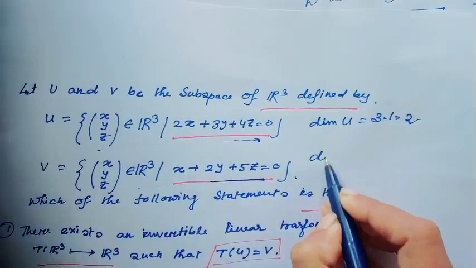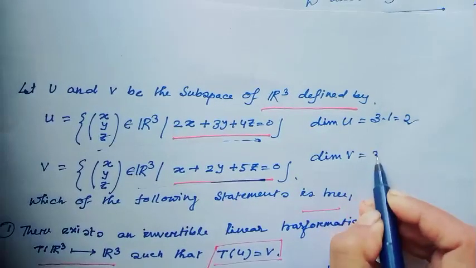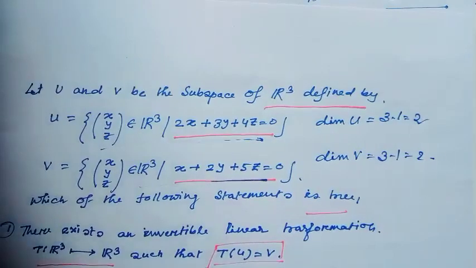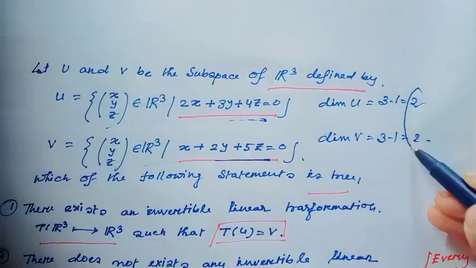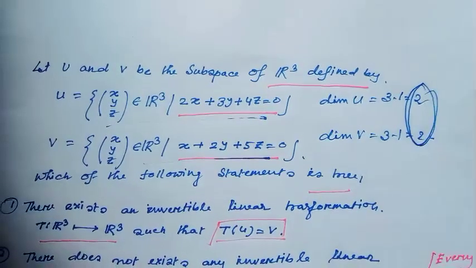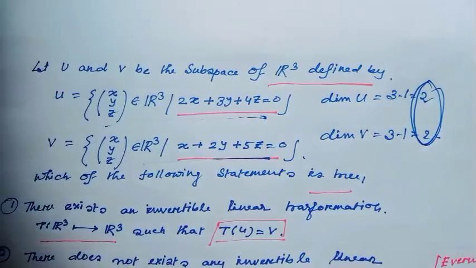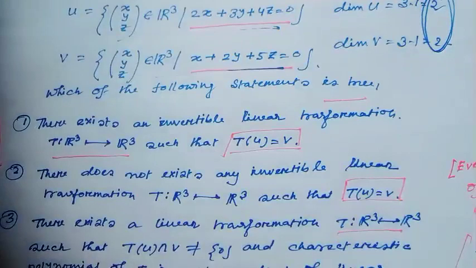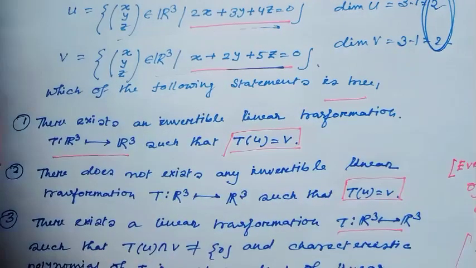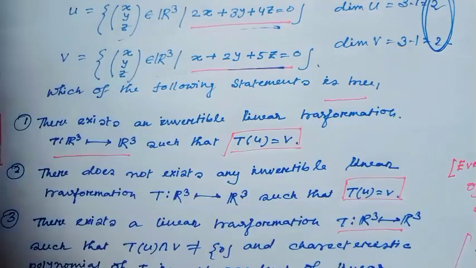Also dimension of V equal to 3 minus 1, which is actually 2. I hope all my viewers have understood. Since the dimensions of U and V are both 2, we have to find whether there exists an invertible linear transformation such that T(U) equal to V.